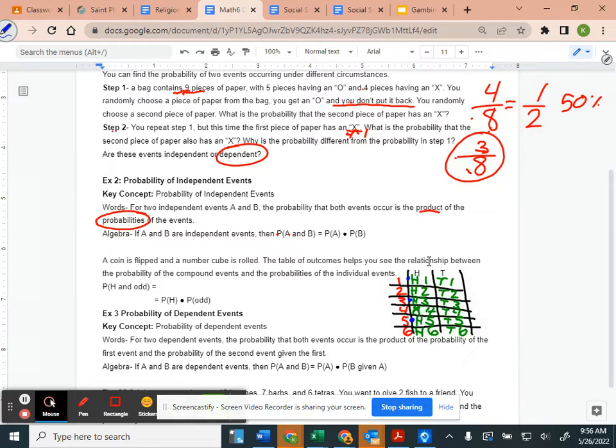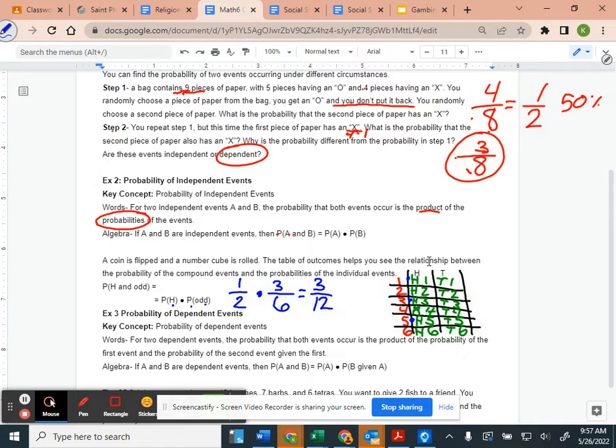So what is the probability of the heads? Flipping a heads would be 1 out of 2, right? Flipping heads is 1 out of 2 times the probability of rolling an odd number. There are 1, 2, 3 odd numbers out of 6. So we need to multiply those two together.